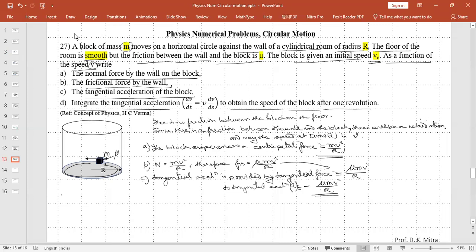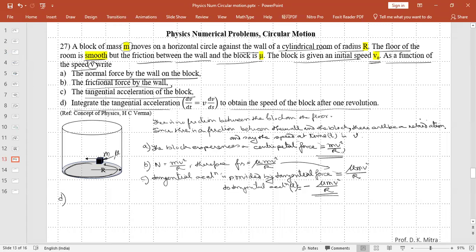This is part D. Now, as we have seen, due to the friction with the wall, the speed of the block will start gradually reducing due to this negative acceleration. So we go to the kinematic formula. If acceleration is given, total path is also given. Total path is 2 pi r.